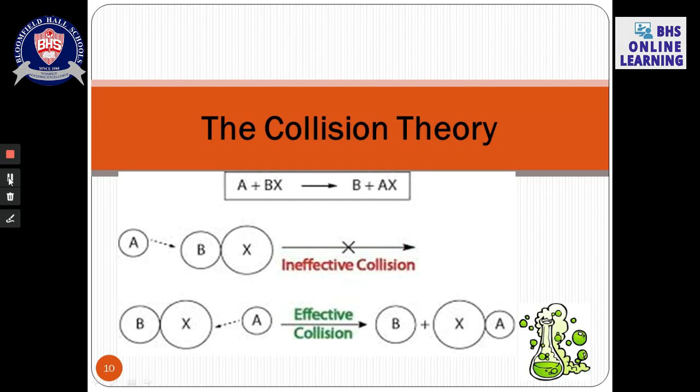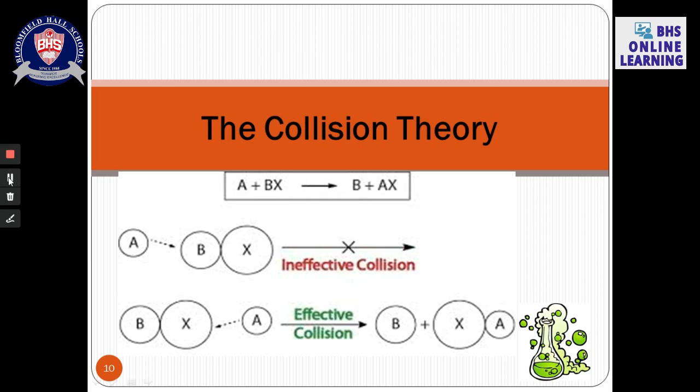Before we understand how these factors affect the rate of the reaction, we need to cover the theory behind the reaction, which is known as the collision theory. The collision theory states that for particles to react, they have to collide with enough energy, sufficient energy.